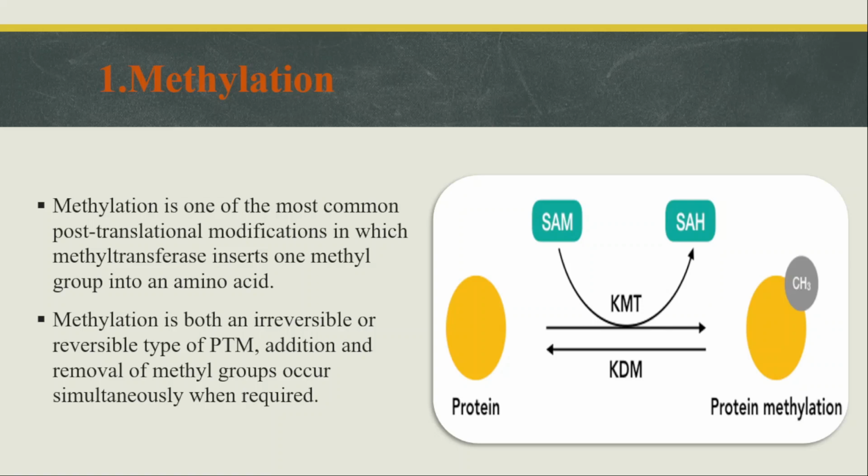The acronyms stand for protein arginine methyltransferase and histone lysine methyltransferase. When the methyl group adds to nitrogen, the process occurs irreversibly, but when the methyl group adds to oxygen, O-methylation, the process occurs reversibly.